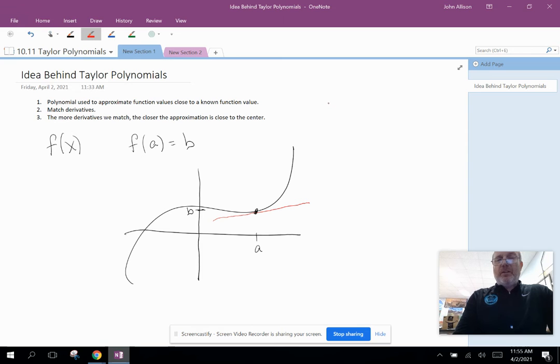That tangent line approximation is y equals some constant, the y-intercept, we'll just say a naught, plus some a1 times x. That's the tangent line approximation.